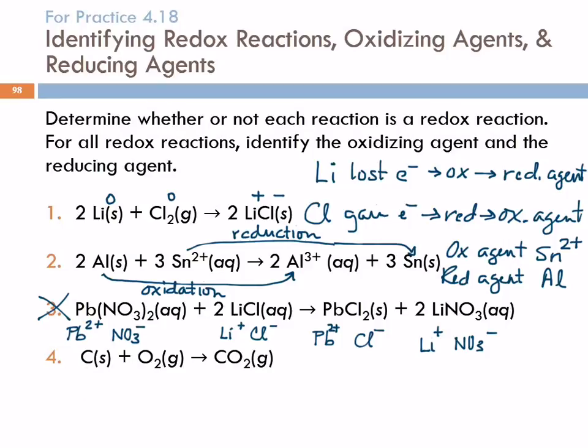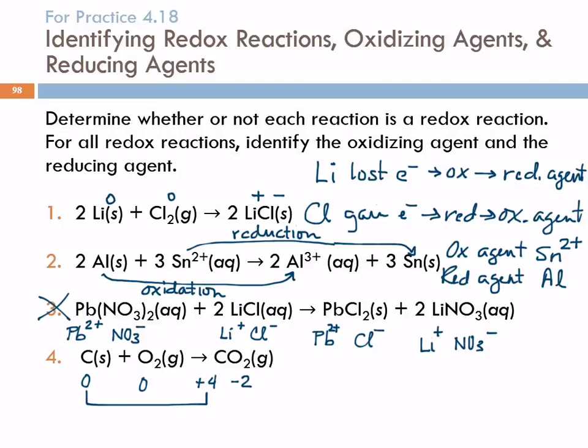What's the oxidation state of carbon? 0. How about oxygen here, O2? 0. They're elements. Okay, and then we go over here to the carbon dioxide. No fluorine, no hydrogen, oxygen. Oxygen gets to be -2. What's the carbon? +4. Okay, so the carbon goes from 0 to +4. What is that?